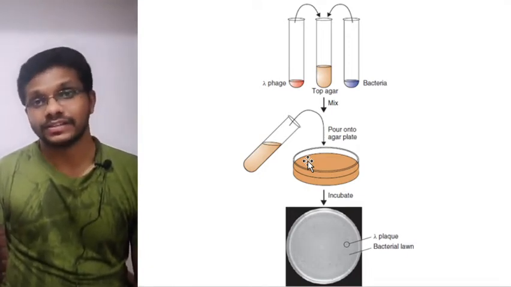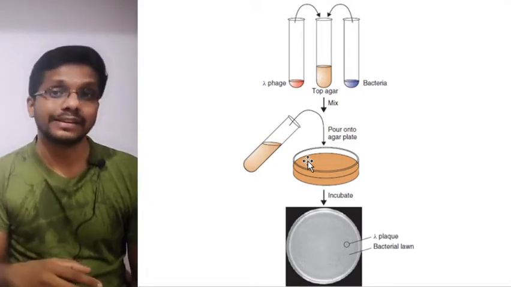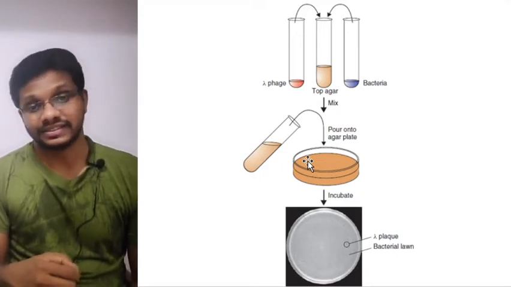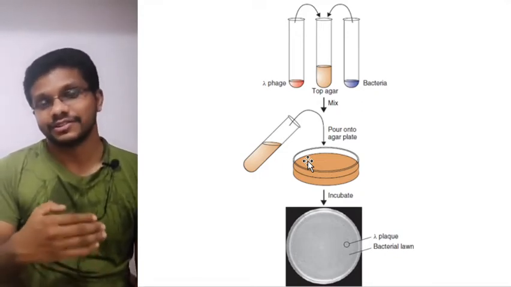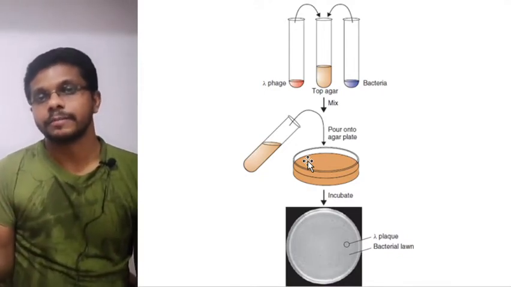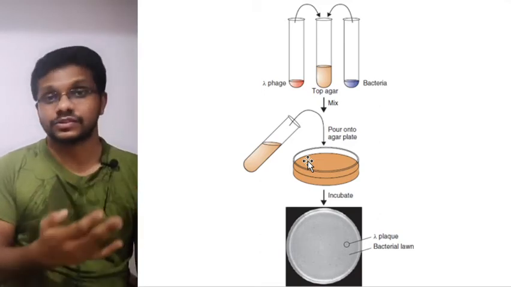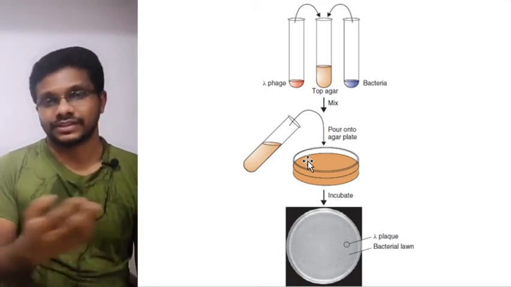The virus-infected cells form a clear region in the bacterial lawn. These regions are called plaques. When we grow bacteria, we see colonies, but when we grow a virus, we see plaques. Each plaque represents virus originating from a single virus.